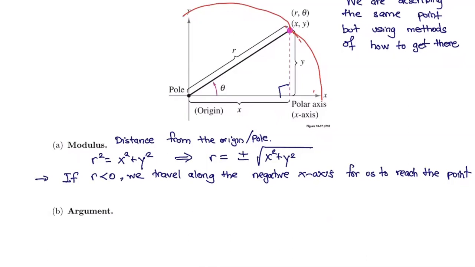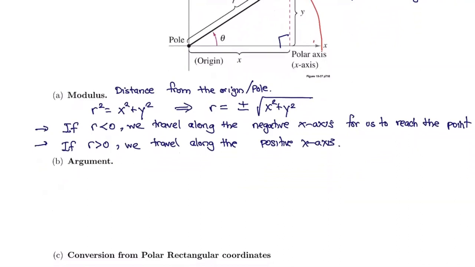And if r is positive, of course, we're going to go along the positive x-axis in order to get that distance. You're setting a distance from the origin, and then you're going to rotate around the origin once you've gotten the distance that you want to travel from it.